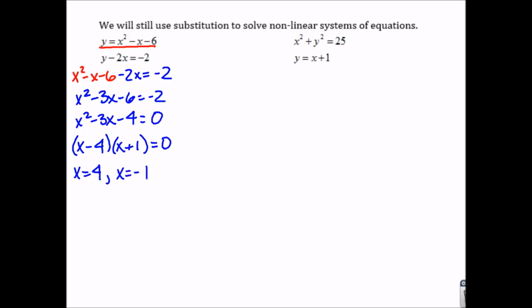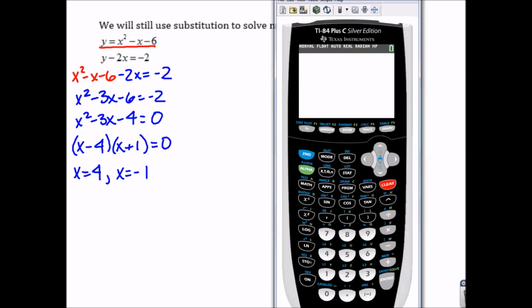I have two x values, which means I need to plug both of them in for x separately and get the y value for each of them. So I'm going to use my calculator to help me with that. I'm going to start with 4, store that for x, and then type in the first equation because that's already solved for y.